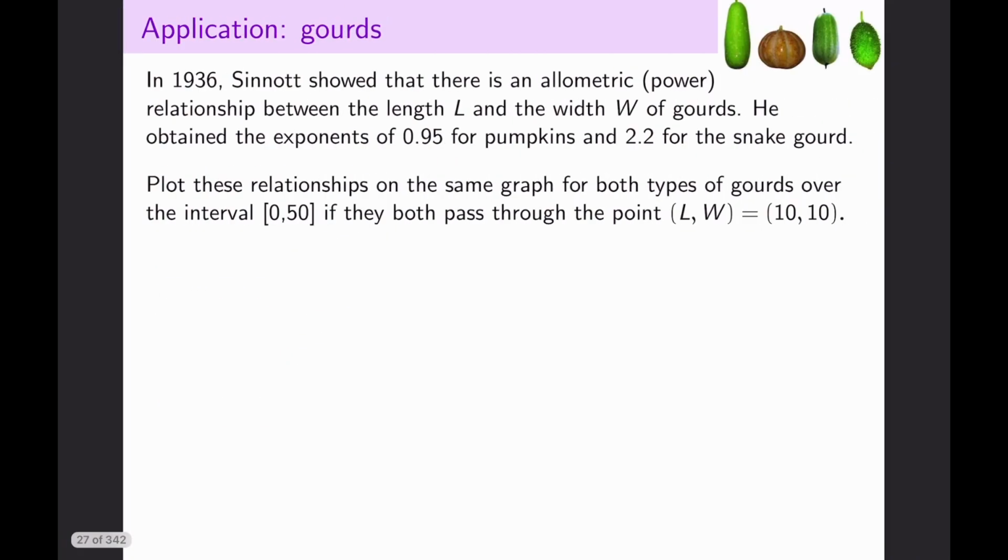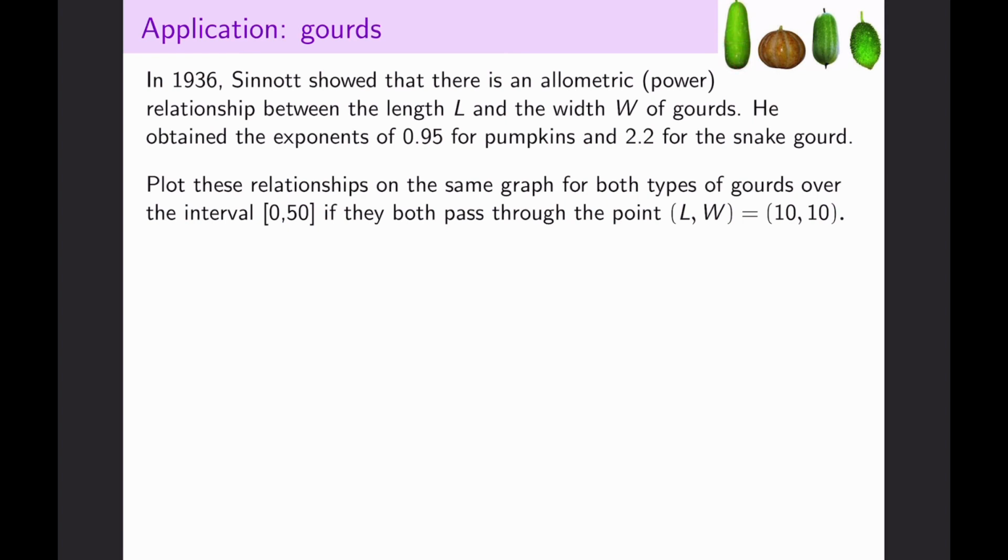Now let's take a look at a particular kind of spherical or cylindrical product, and these are going to be gourds. In 1936, a researcher named Synge showed that there is a power relation, which we sometimes call allometric, between the length of a gourd, which is things like pumpkin and squash, and the width of it.